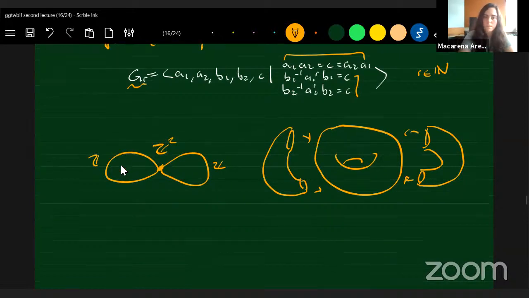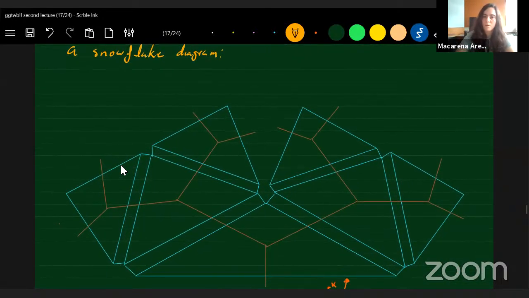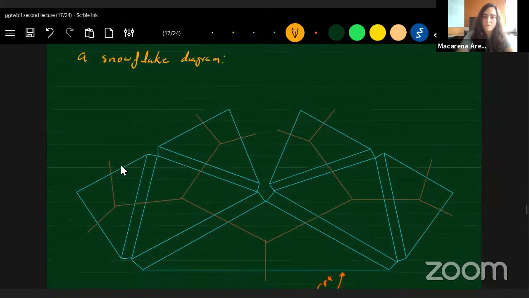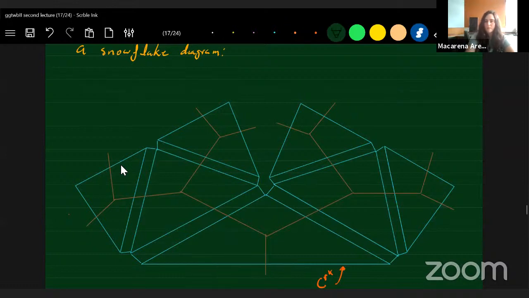Okay, so let's look at the diagrams inside of these snowflake groups. The diagrams that we're going to look at have a portion that comes from the tori, so they have a portion that is living inside of a plane. Then they have a portion that comes from the cylinders in the graph of spaces description.